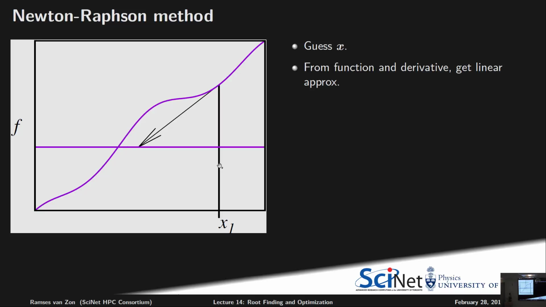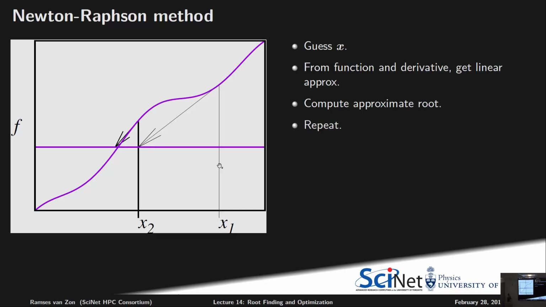And then you basically just follow the tangent and see where it hits the x-axis for your next point, x2. From there, you'll do the same thing. You go, okay, what is the function value there? What is the derivative? If I follow the tangent, where do I cross the x-axis? And you repeat. This has a very fast convergence.